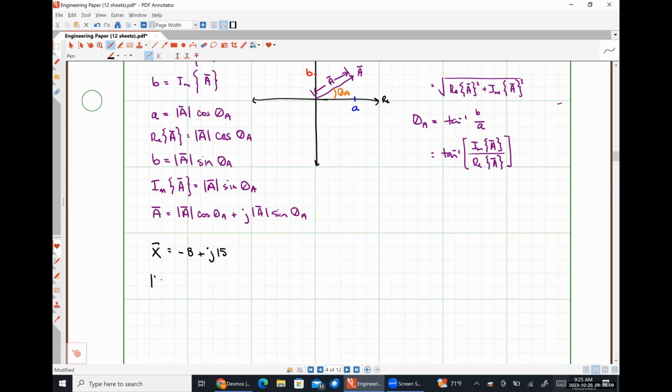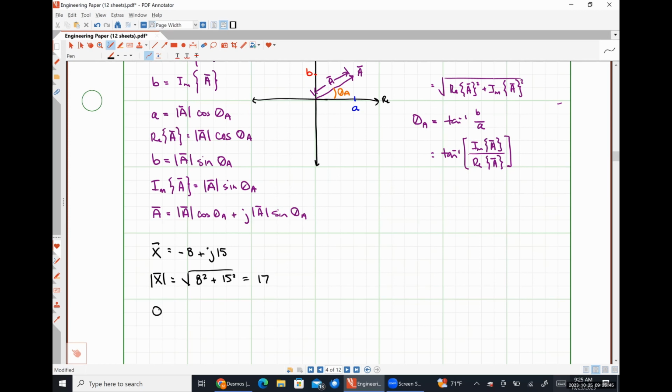The magnitude of x is just going to be the square root of 8 squared plus 15 squared. I can't do that in my head. That comes out to be 17. I had no idea that was going to be a nice number. Yep.